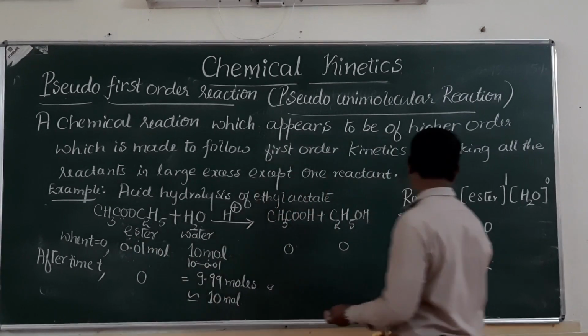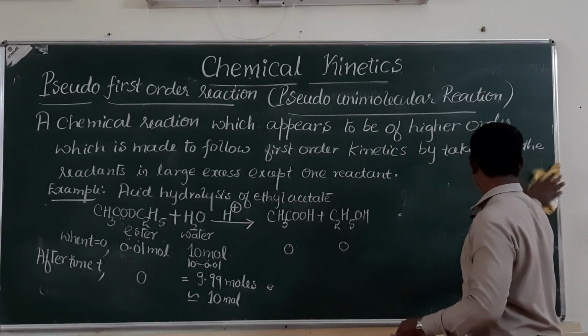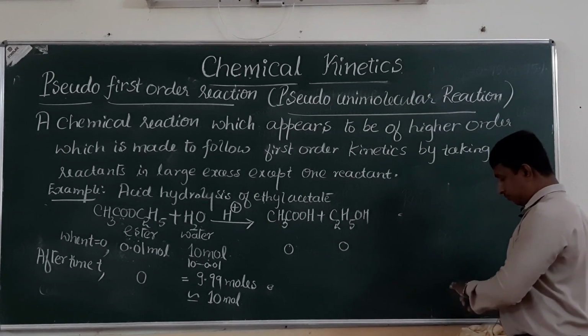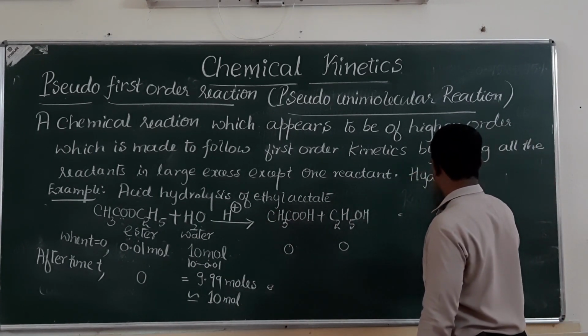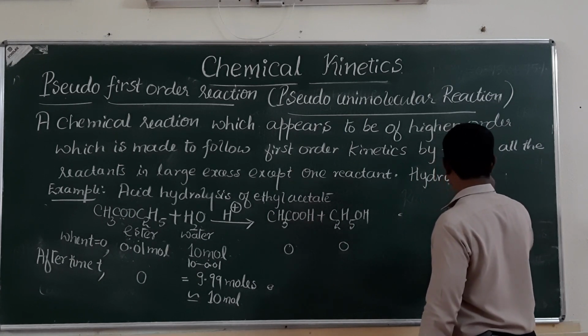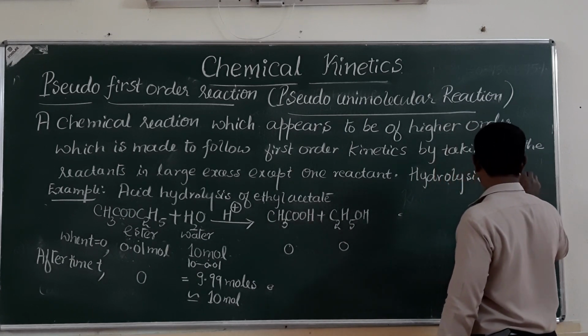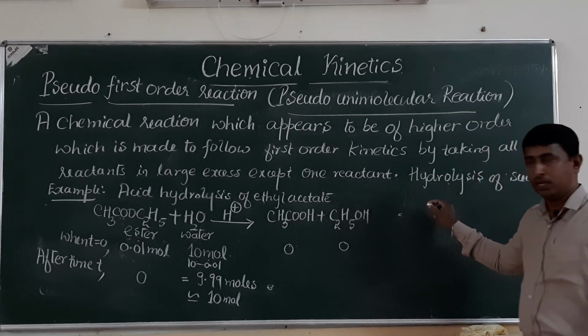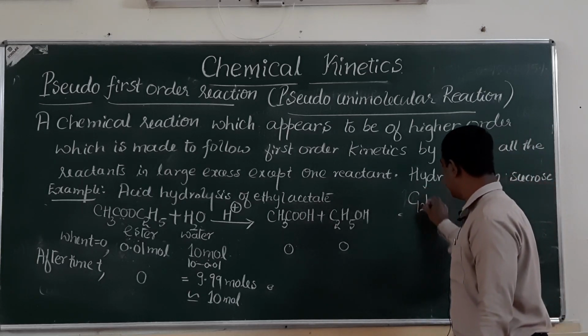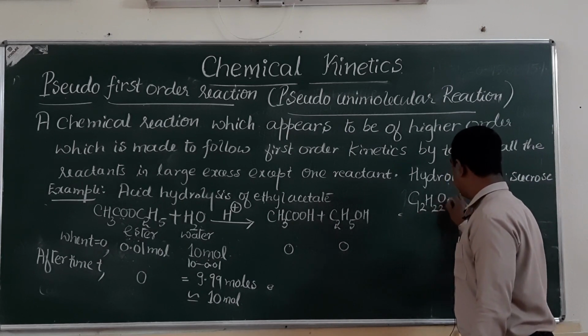One more example we can give: hydrolysis of sucrose, acid hydrolysis of sucrose. Formula of sucrose is C12H22O11.